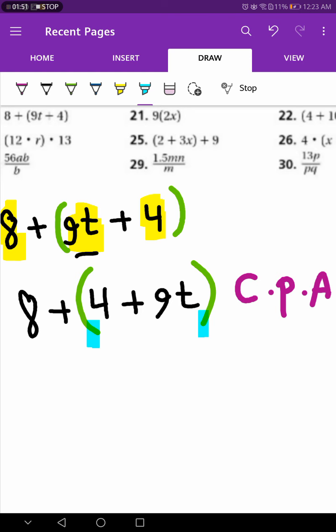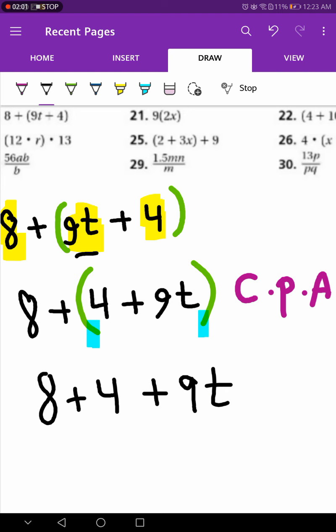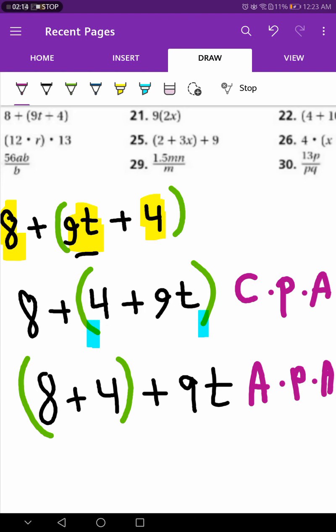So I will move the parentheses to hold the numbers together. My dear students, I have to hold the numbers together by moving the parentheses. So the property that allowed me to do this is called associative property of addition.